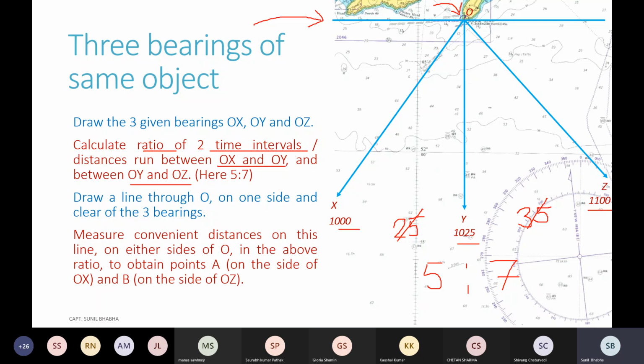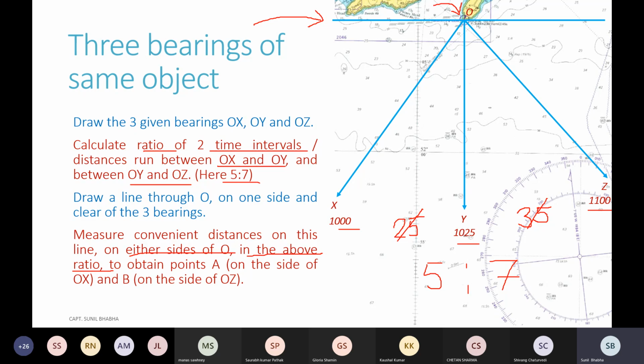Now, in the next step, we have to measure convenient distances on this line. These distances should be marked or measured on either side of our object O. We have to make sure that the distances are marked in the same ratio, which is 5:7.